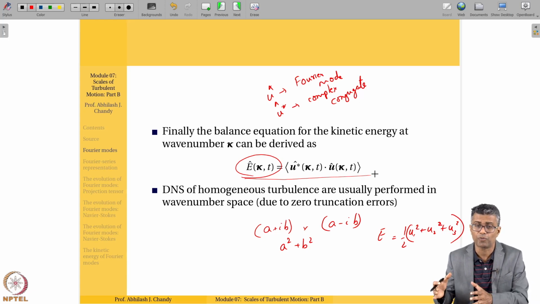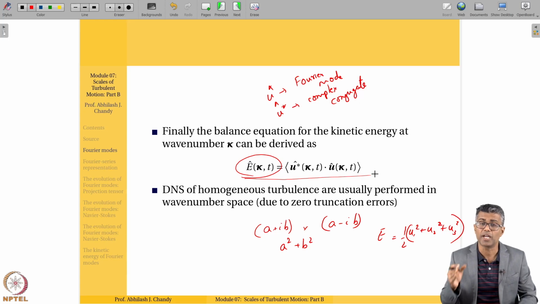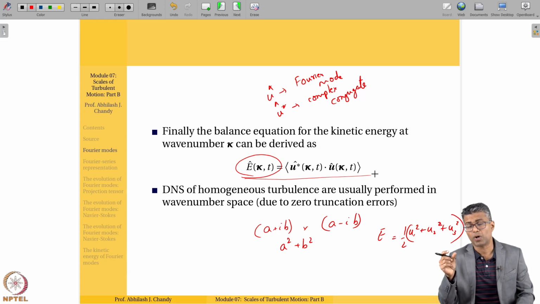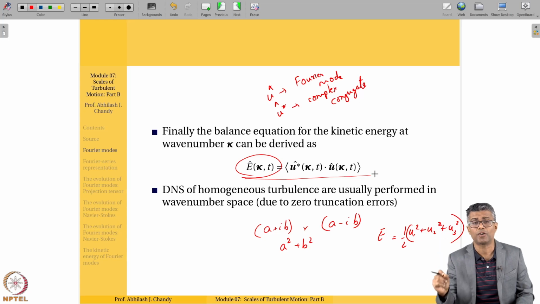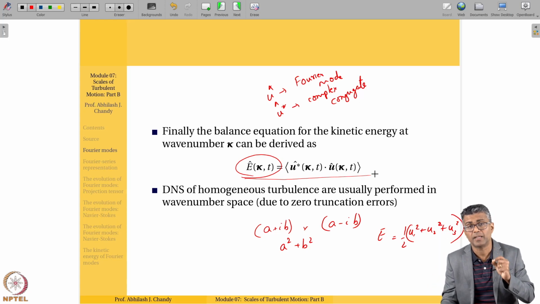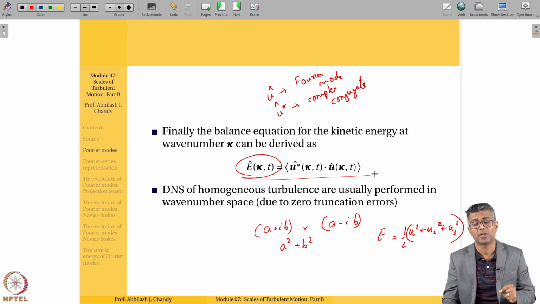When you convert it into Fourier space, we are getting rid of all the derivatives. If you get rid of all the derivatives, you're getting rid of any discretization associated with it. And if you're getting rid of all discretizations associated with it, you're getting rid of all truncation errors. So that means, believe it or not, there are no truncation errors when you convert your Navier-Stokes equations into Fourier space.